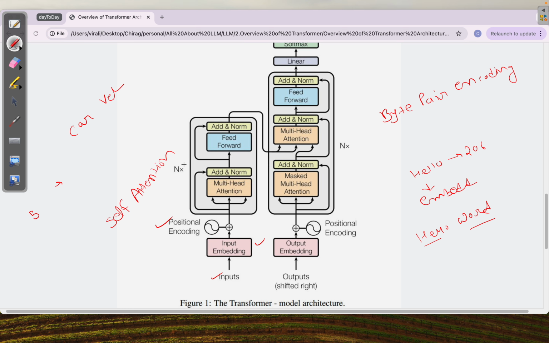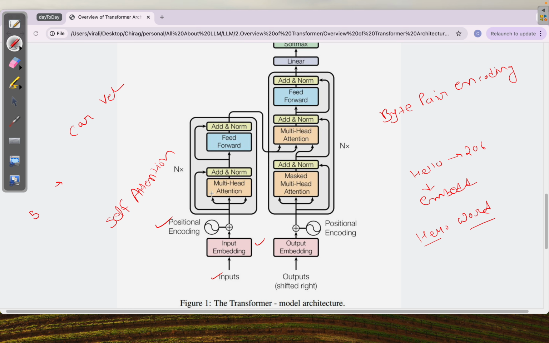This is a slightly modified version of self attention. Under the hood it is self attention itself, but we are doing it as multi-head attention to save some time and process faster. We will see how self attention works and what we are doing with it so we can get the multi-head attention, right? And then there is an add and norm.